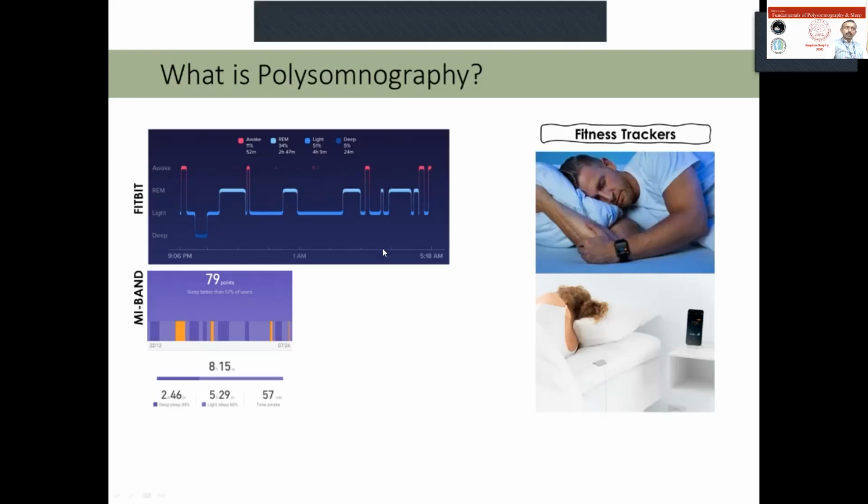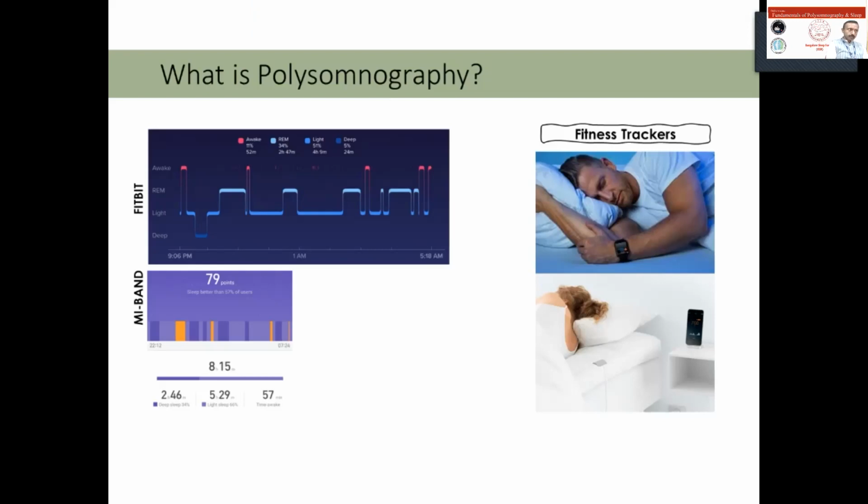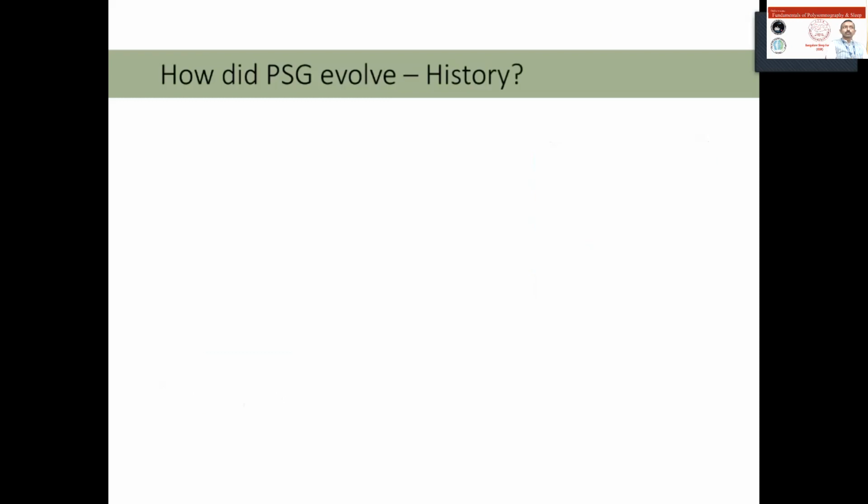So in that way, these are also polysomnography measurements. But as Dr. Ravi Gupta mentioned earlier, the gold standard still remains polysomnography in a lab, but these give you measurements which are much more accurate than subjective reports, and can be done across a large population. As we know, sleep issues affect many people.